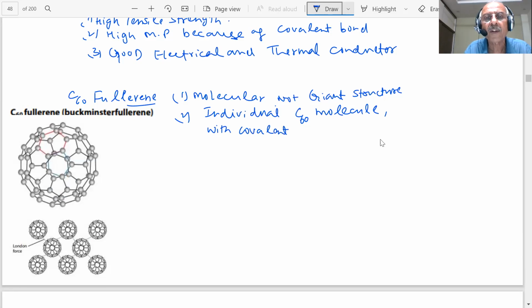Very important, very interesting. Within the molecule, what type of bonds? Covalent bonds.